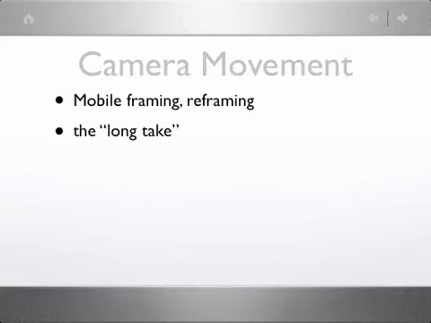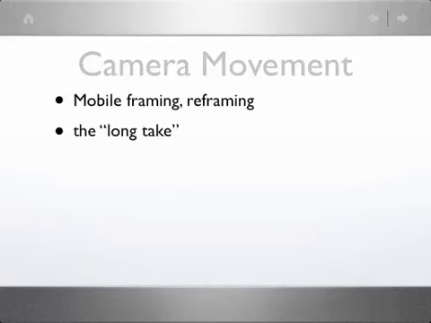Another thing that often involves camera movement is what is called the long take. The long take. This is distinct from a long shot. It's very important to keep those two concepts separate because they are separate concepts. A long shot is, of course, one in which there's a large distance.